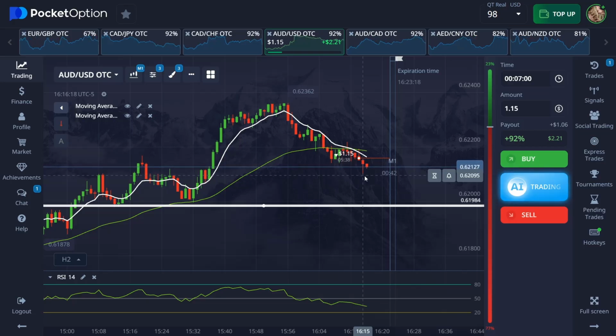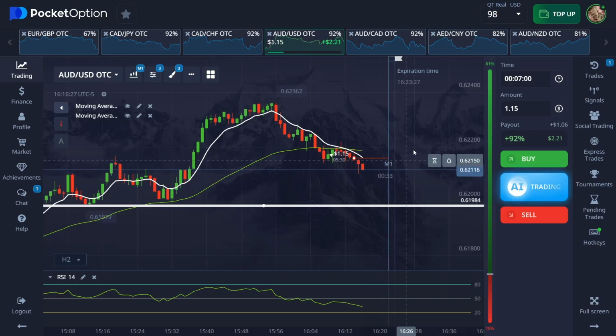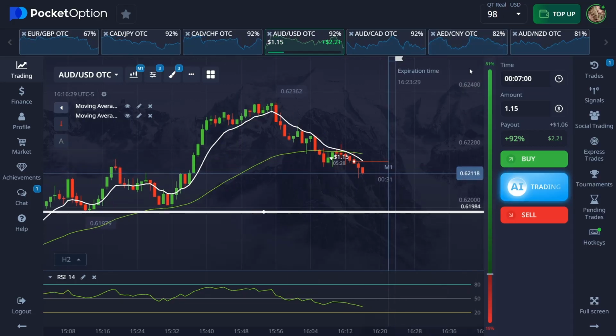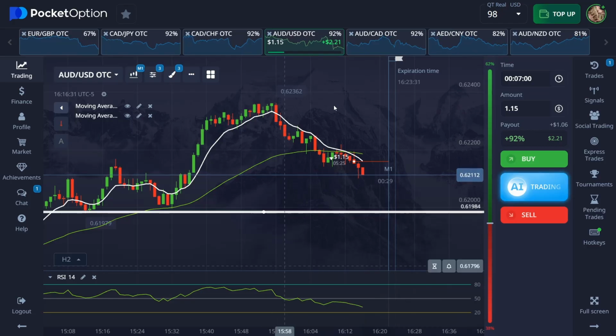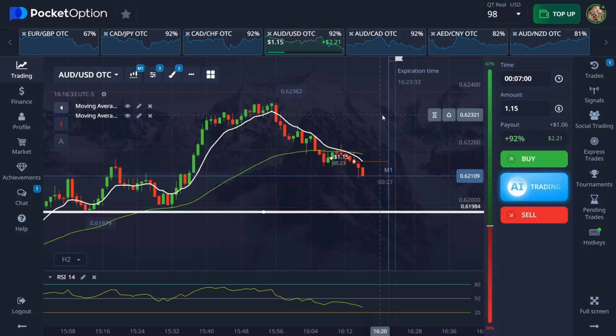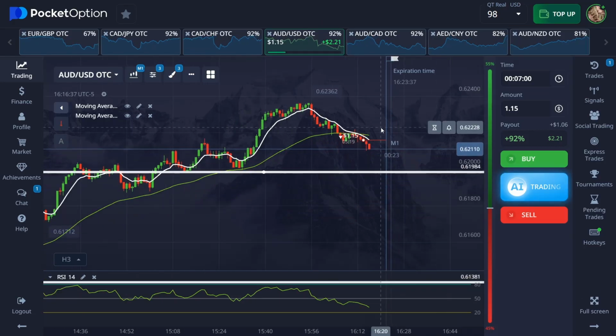I said, if I win, I'm going to be at 121 cents. If I lose, I'm still going to be at 98. Let me see if that's within the scope of the 3%. But let's wait and see.